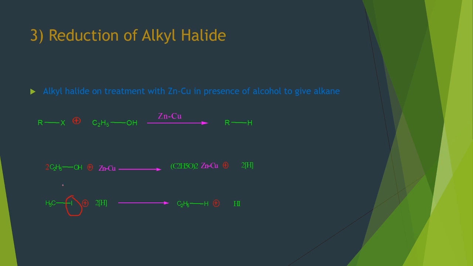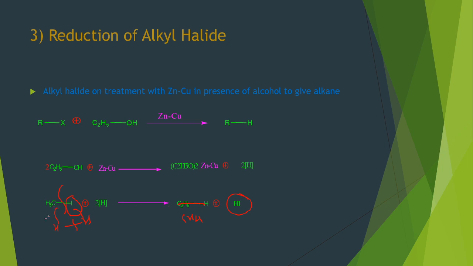Therefore, when we break this bond, we get HI and CH3. CH3 and H, that is CH4, methane, plus HI.